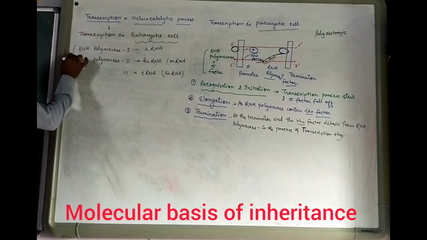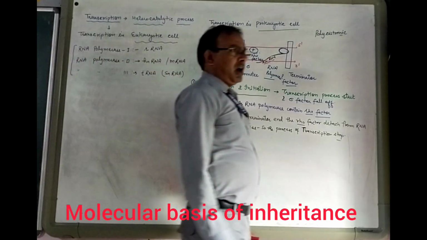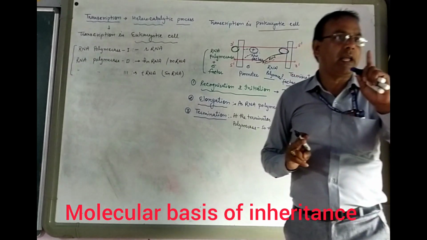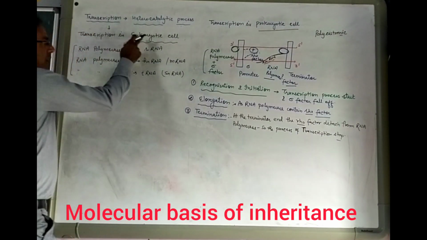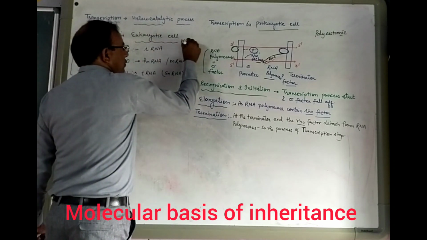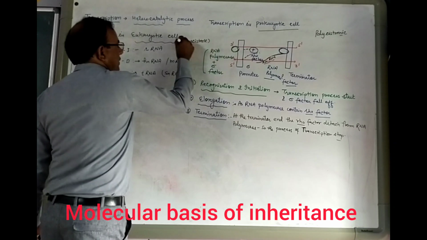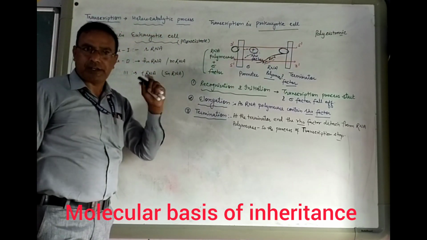So, in this we have seen that there are different types of RNA polymerase enzyme, and one type of RNA polymerase enzyme synthesizes only one type of RNA. So transcription in the eukaryotic cell is monocistronic. This is the first difference. In prokaryote polycistronic, in eukaryote monocistronic.